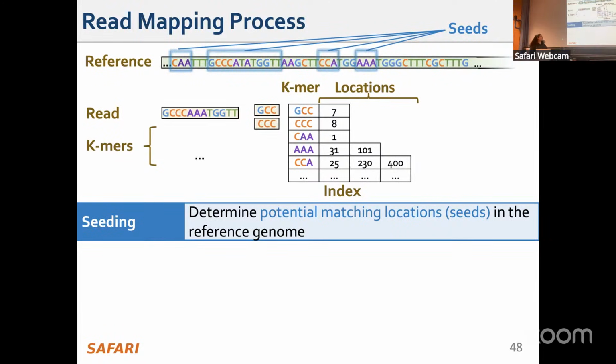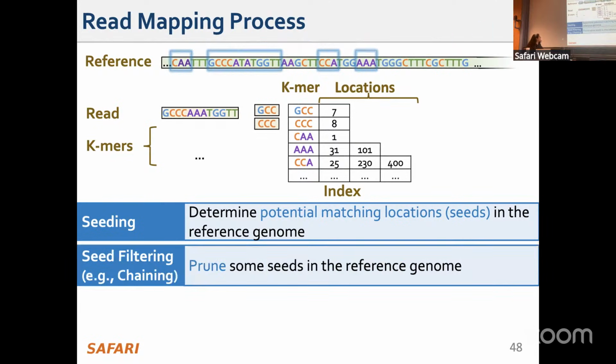Of course, then we need to go and do approximate string matching in these positions to find the exact similarities or differences. But because ASM, or approximate string matching, is super complex and costly, we don't want to go through each of them to do that. So we have something called seed filtering or chaining. It prunes some of the seeds in the reference genome based on some higher-level heuristics.